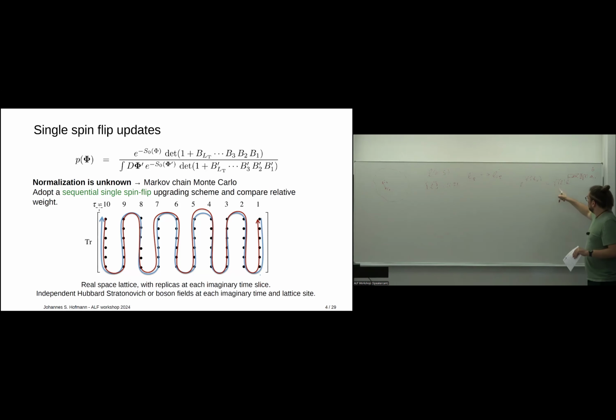And you can interpret this piece here, the weight up front, as writing this as an e to the minus S naught of phi, where, for this purely Hubbard fermionic model, you collect all the terms like these prefactors that do not depend on your fermionic operator.